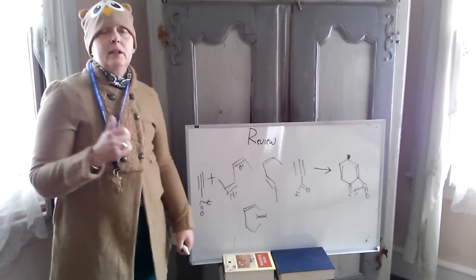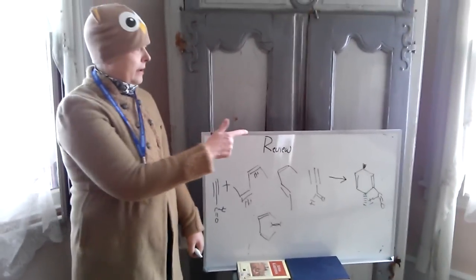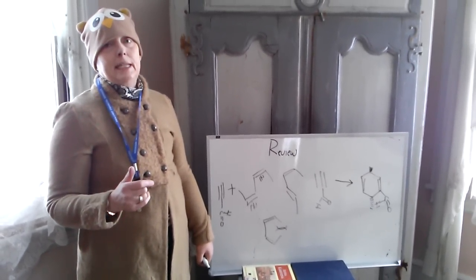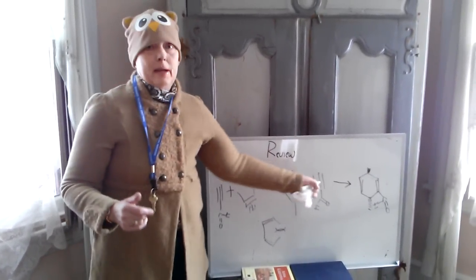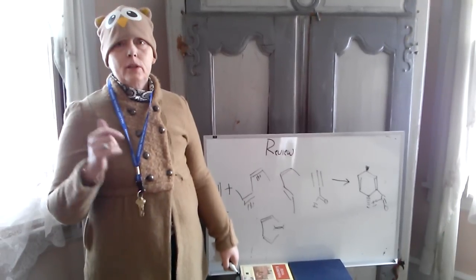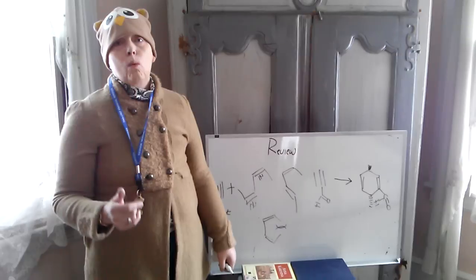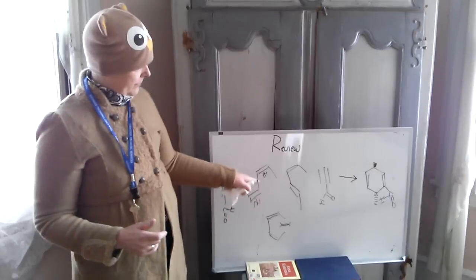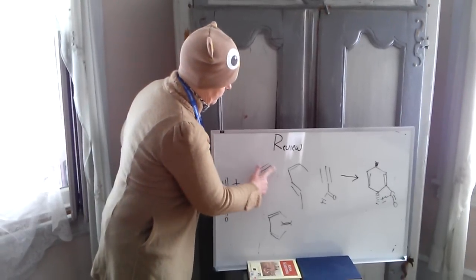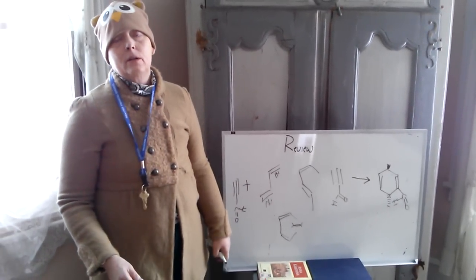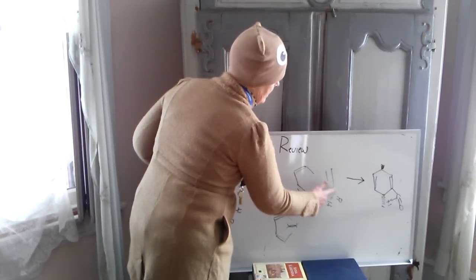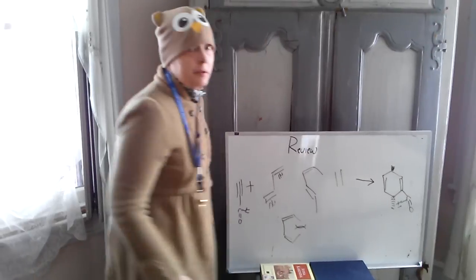So what are the 5 times you don't have exo and endo? You don't have it here, okay? You don't have exo and endo when you have a triple bond as your dienophile. You don't have exo and endo when the diene has no substituents on it. So if this had no substituents on it, you would not have exo and endo. You also have no exo and endo if the dienophile has no substituents on it.